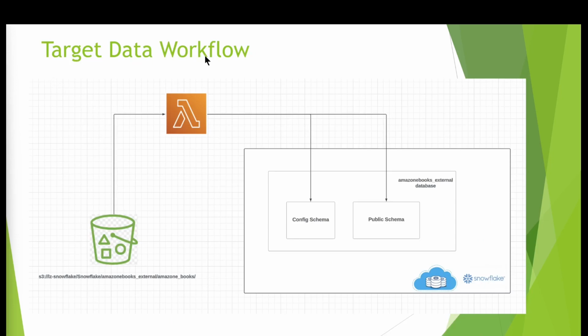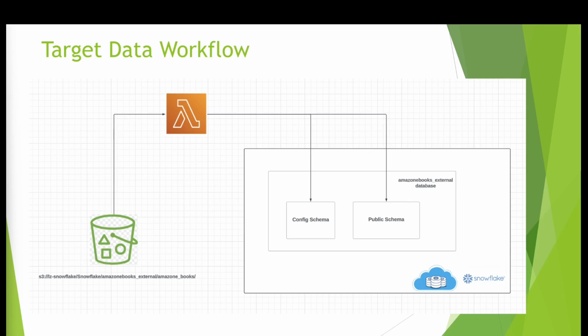In the target data workflow, once the data is loaded in the S3 bucket, the AWS Lambda service is triggered and the respective script is run, where it connects to Snowflake using the Snowflake connector Python library, and it does the incremental load, finally updating the config table.